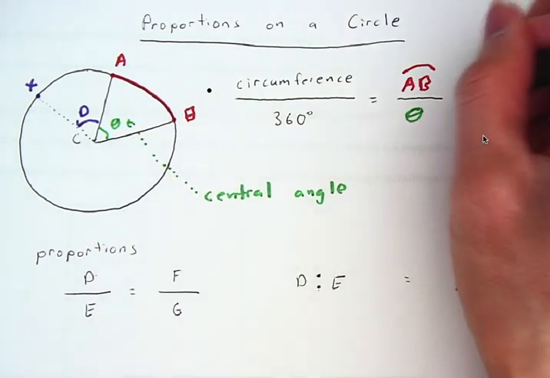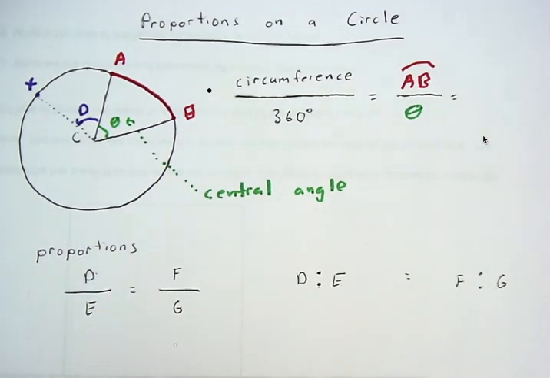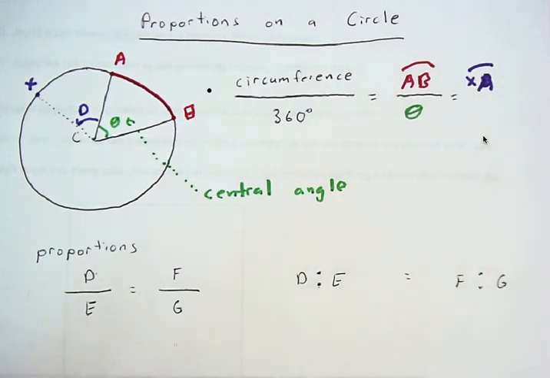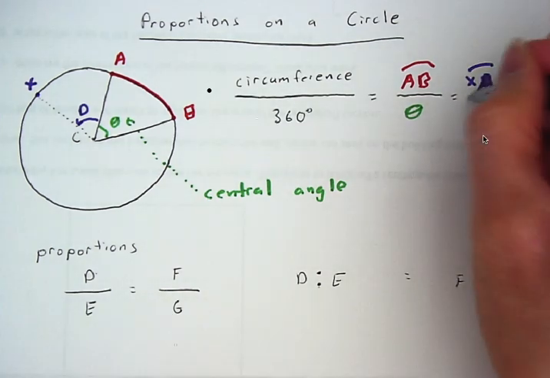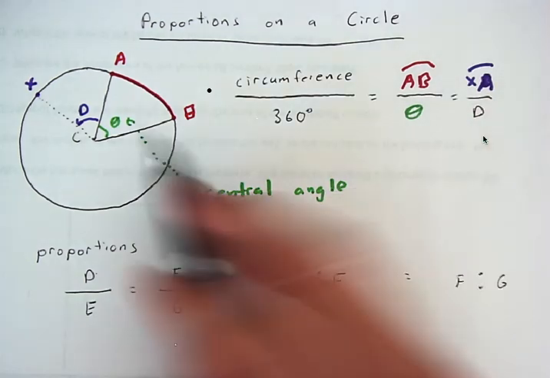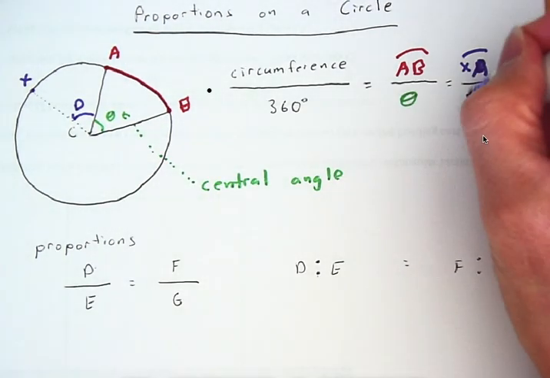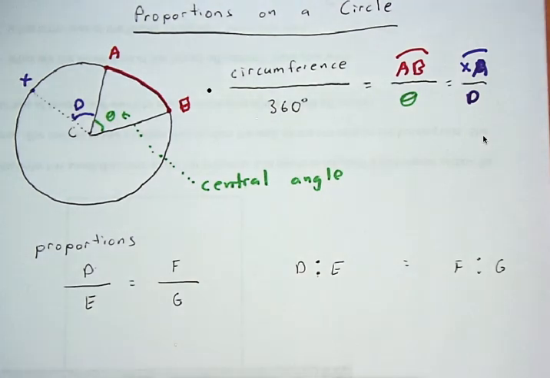And that is also equal to arc length XA, is what I meant to write, divided by this degree D right there. And this works on the same circle, these proportions.